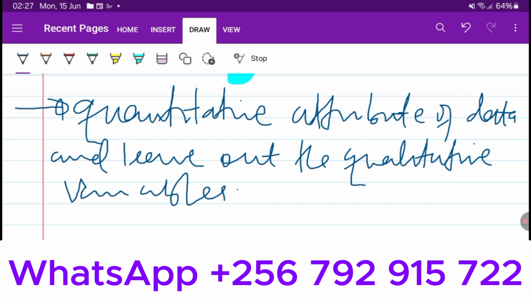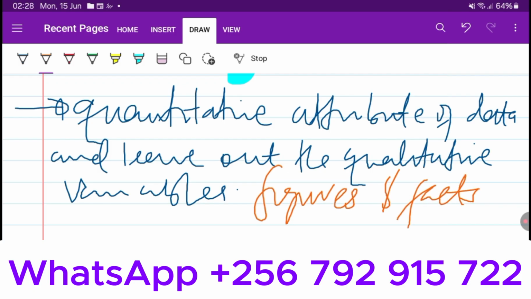So they only take out the quantitative attributes, and these quantitative attributes, of course, include figures and facts. Most of the times they answer questions like how much or how many, and they forget the other aspects.